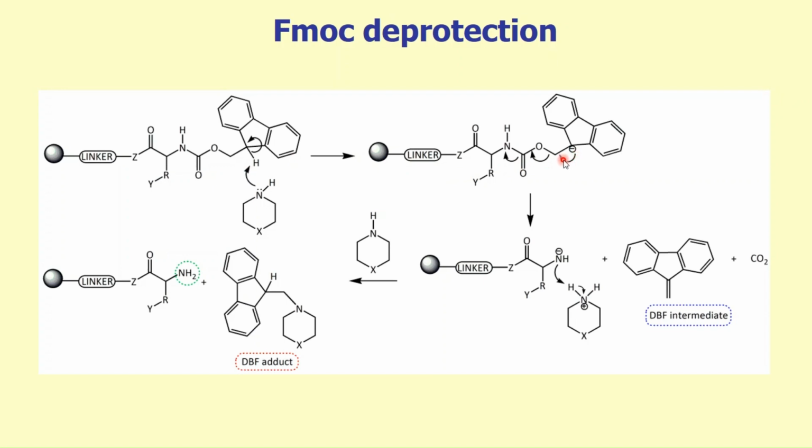These electrons are donated and the bond is formed over here. To satisfy the positive center, the oxygen carbon bond breaks and these electrons are utilized for the bond formation between carbon and oxygen, and the bond between the carbonyl and amino breaks and gives rise to DBF intermediate.